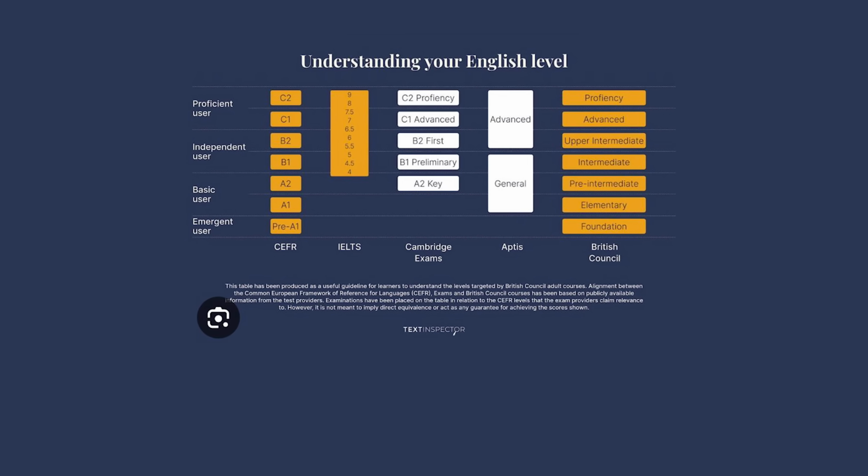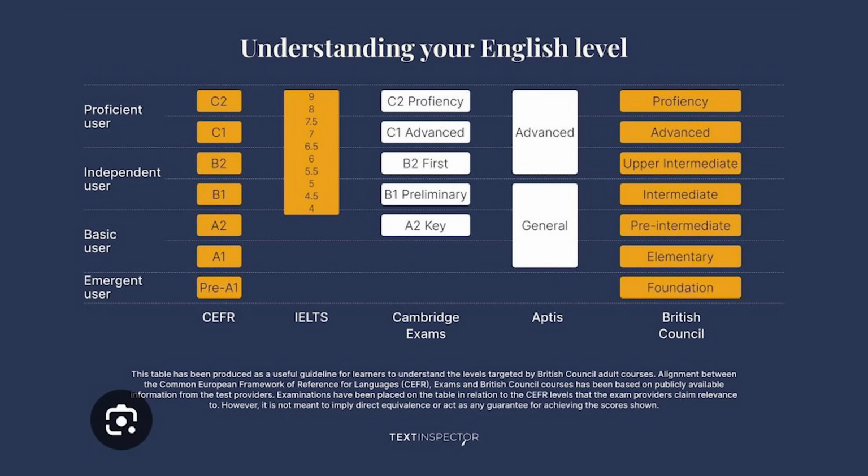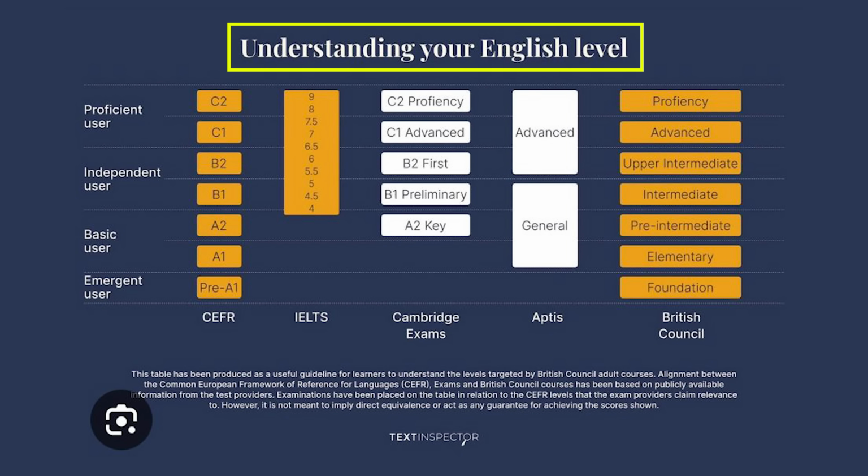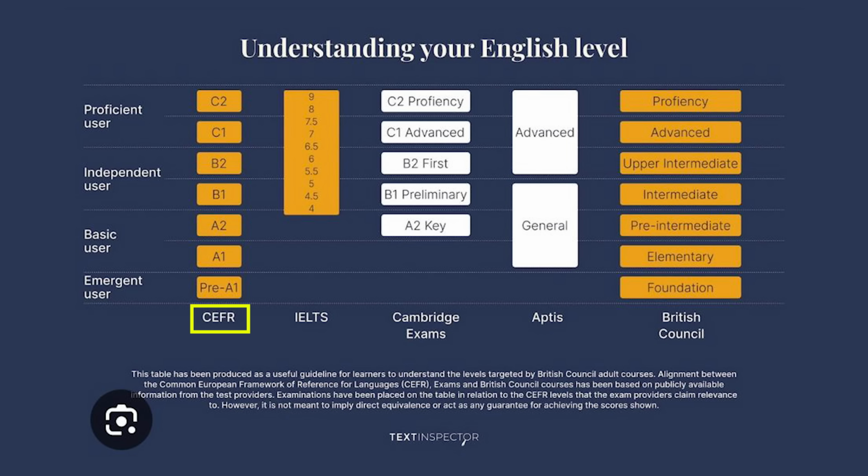So I'm going to leave a table on the screen so that you better understand it. If you look at this table right now, it is saying understanding your English level, and the CEFR rate is on the left side, and then the IELTS exam scores are on there as well, and then the Cambridge exams, and then APTIS. There are different types of English exams that you can write.